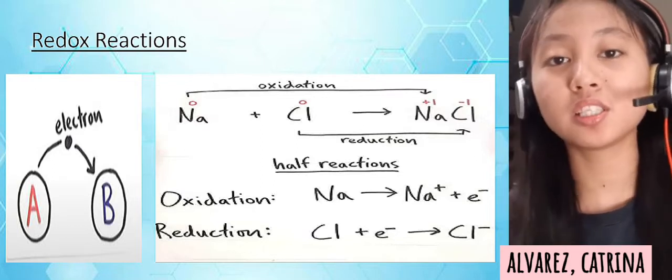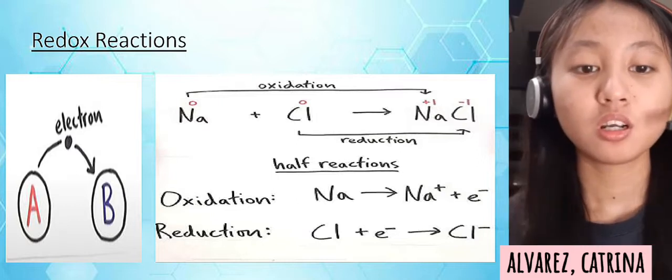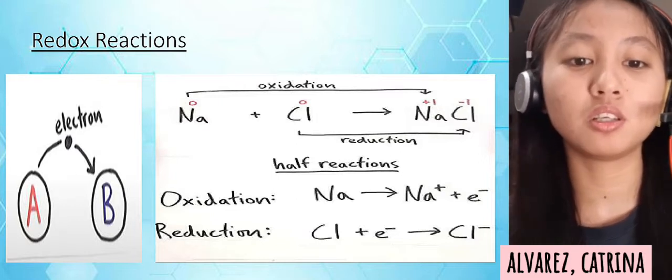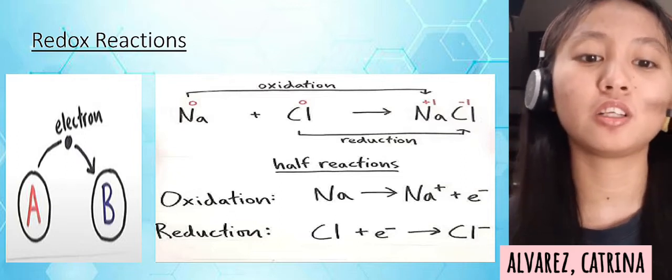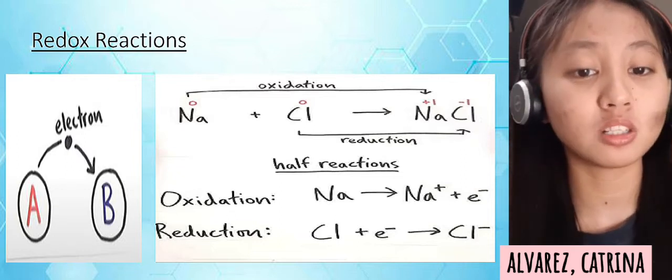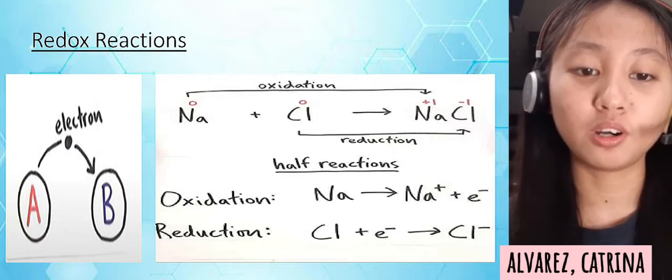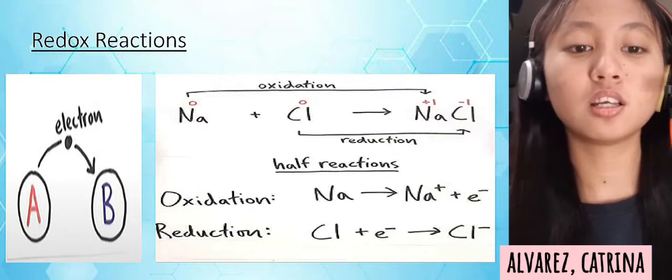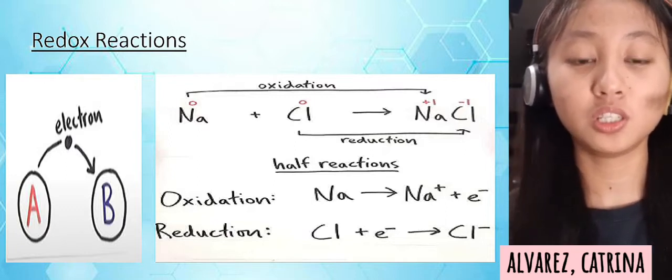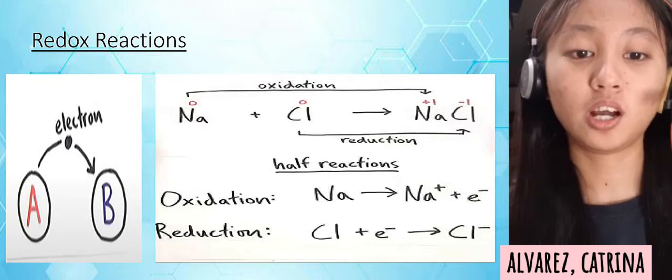Now let's start with the Cl that is being reduced. So Cl plus e minus, then we get Cl 1 minus. The e is for the electrons, and the minus sign there is because electrons have a negative charge. We notice that the equation for oxidation is different from reduction.